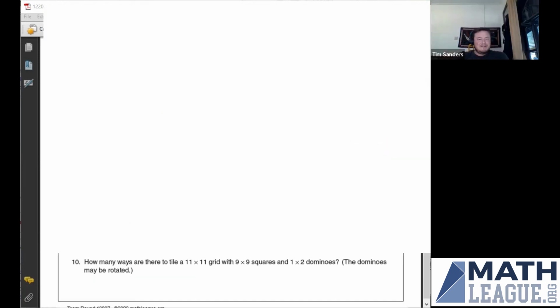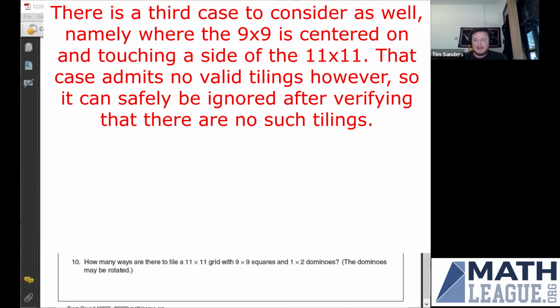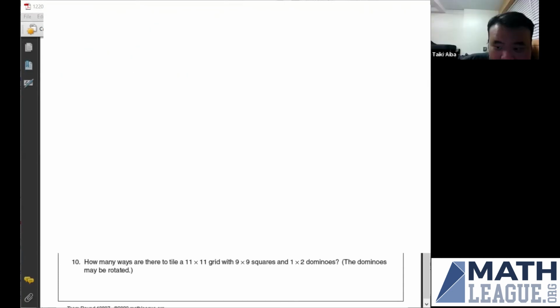An 11 by 11 grid with 9 by 9 squares and 1 by 2 dominoes. Okay, so my first thought is there are basically two things we can do with this 9 by 9. We can put it in the middle, which is going to give us 2 tilings if it's in the middle, just up to parity.